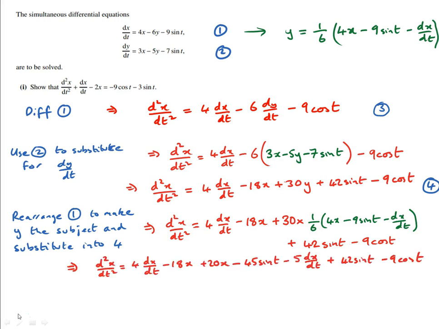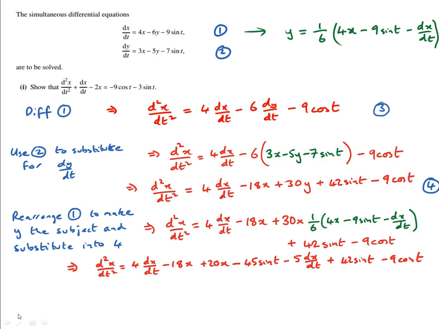Tidying that up, we've got d2x by dt squared is 4 dx by dt minus 18x plus 20x. Now that comes from the 5 times 4x that we've got, so 30 times a sixth is 5, times 4x gives me the 20x. Then I've got minus 5 lots of 9 sine t, so that's minus 45 sine t.